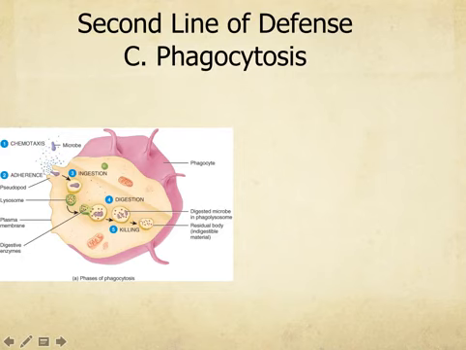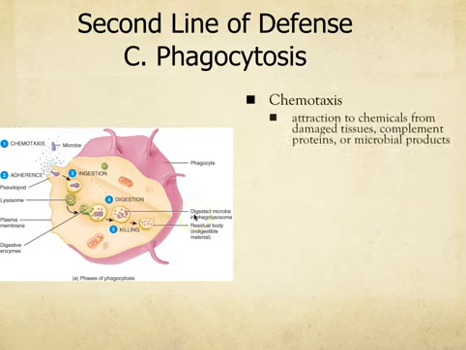Or if you're like, what is that smell in my house? What died? You follow it until it gets stronger and stronger until you find whatever it is. Anyway, that's chemotaxis. The phagocyte will adhere to the microbe, it'll ingest it, and then lysosomes are going to break it down into smaller pieces, and basically the microbe is dead.